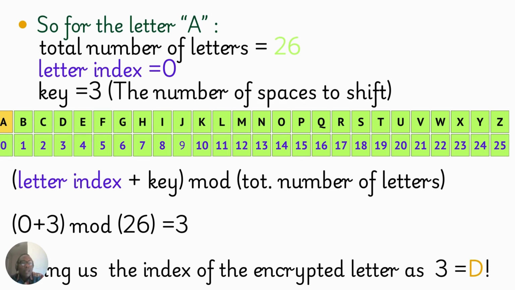And we are now applying the modulo function to 26. And remember, 26 is the total number of letters. So when we compute it, we have 3 modulo 26. And that gives us 3. Based on that, we know that the letter at index 3 is D. Therefore, we can say that when we want to encode the letter A, we're going to encode it as D.